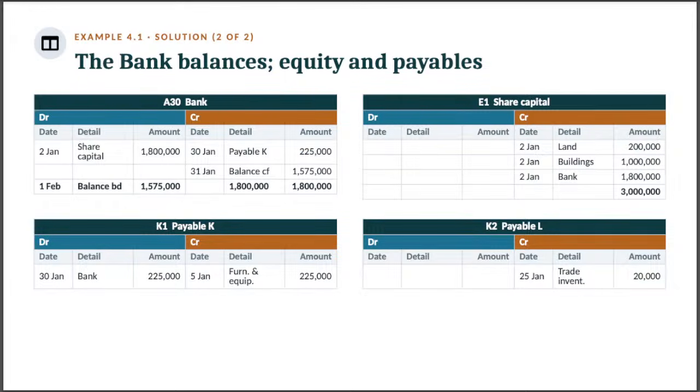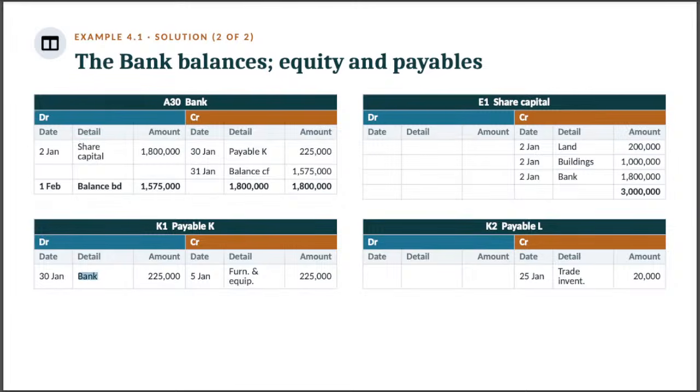So now let's move over here to the share capital. All of these were on the 2nd. We got the land, the buildings, and that nice generous deposit to the bank, so a total of $3 million. Next we had K1, the payable K. Now we're into our liabilities here.